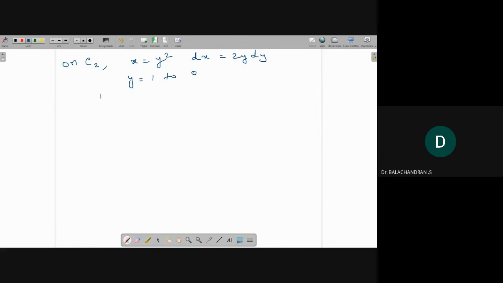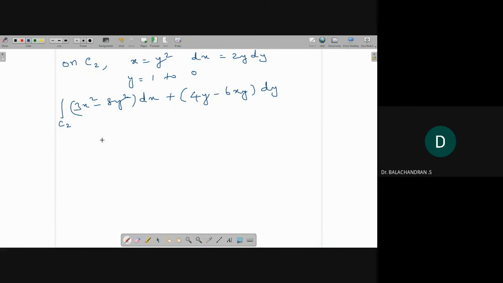So now integral over C2. What is the integrand? 3x square minus 8y square into dx plus 4y minus 6xy into dy.